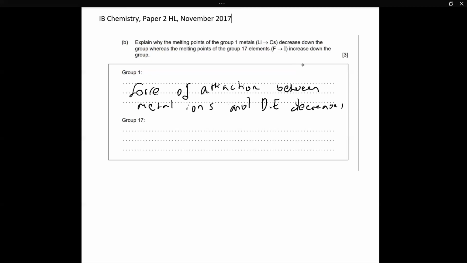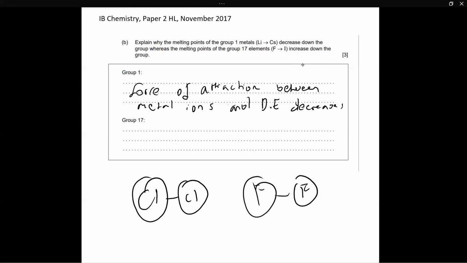Now, halogens can't exist singularly. So you can't just have one atom of chlorine which is satisfied or which can exist by itself. We don't find that naturally. Chlorine exists as diatomic molecules. So they exist like this. I'm sure you have seen this in your textbook somewhere, chlorine, right? Or you have fluorine for that matter. They exist as diatomic molecules.